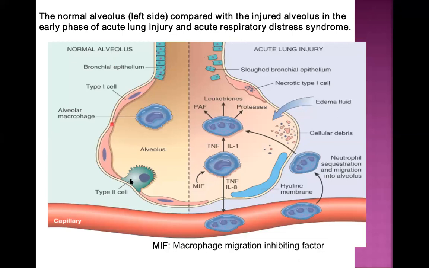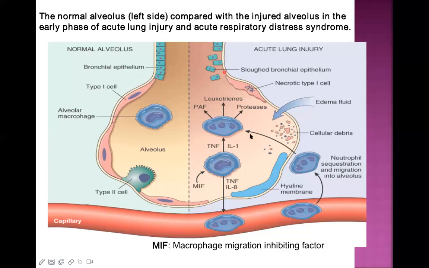This is a type 2 alveolar cell, and type 1 are the major cells. Type 2 are scattered here and there, and inside the alveoli, an alveolar macrophage is present. So this is normal, from this line to the right hand side. Now on this side, damage has happened.